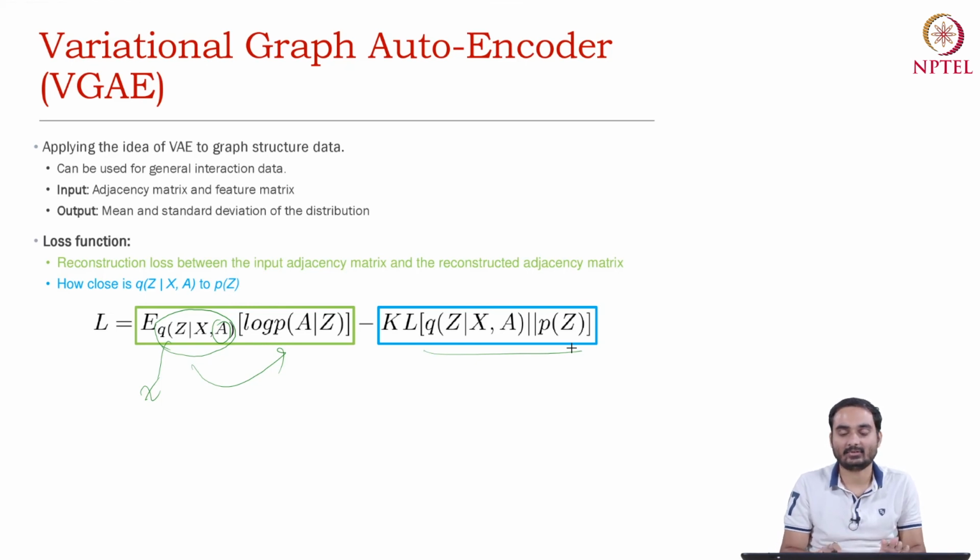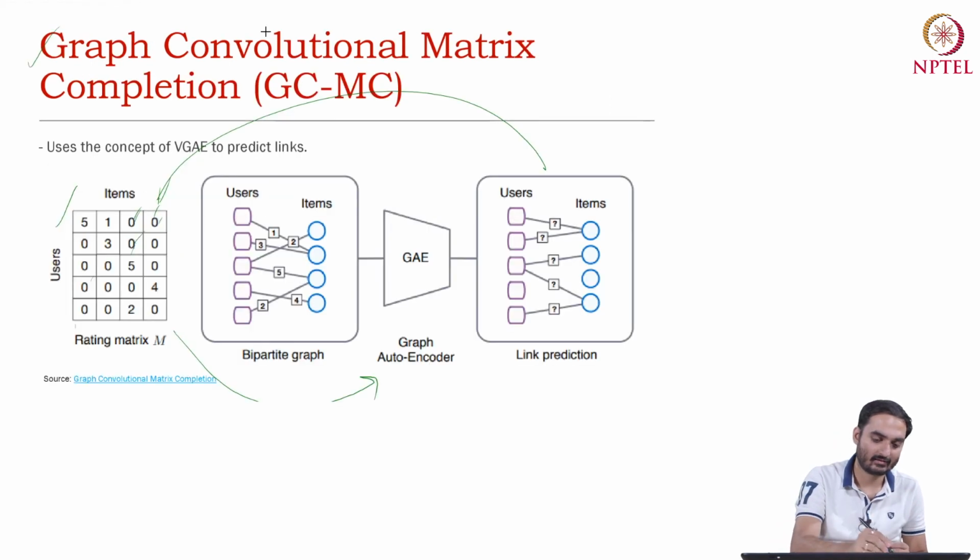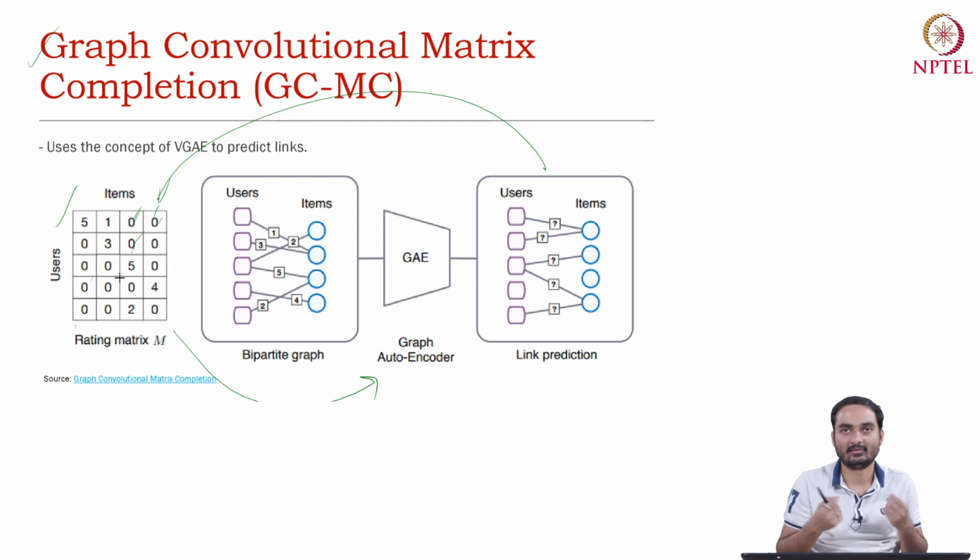So at the end of the day you essentially get a modified version of this user item matrix, and those entities which were 0 earlier can have some numeric values, some integers, and then you use these new predictions for recommendations.